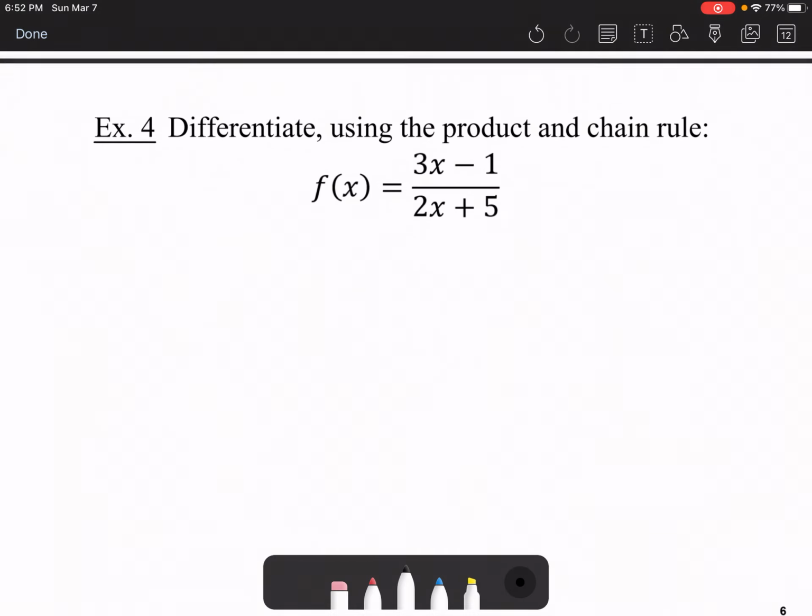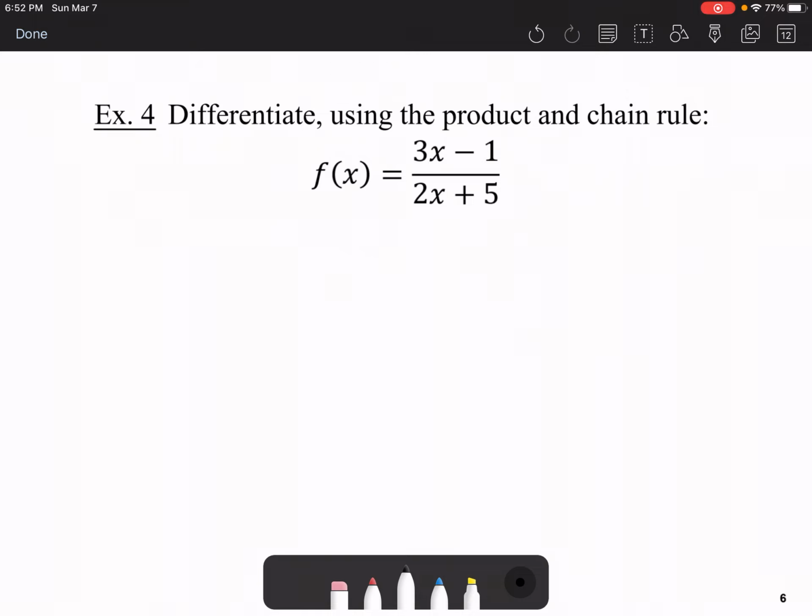Okay. Now we can also find derivatives of quotients using the same kind of idea. So first, take the numerator, list the denominator beside it, in brackets to the exponent negative 1.